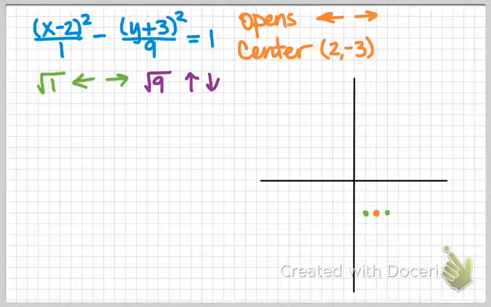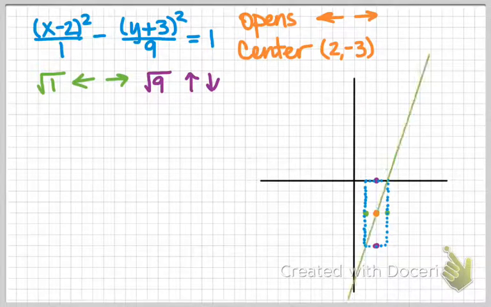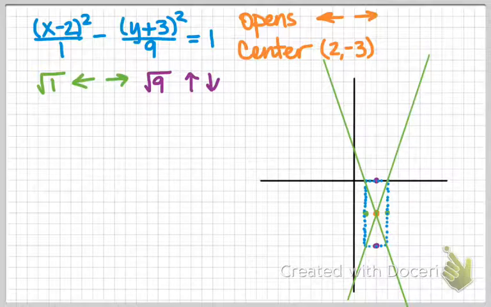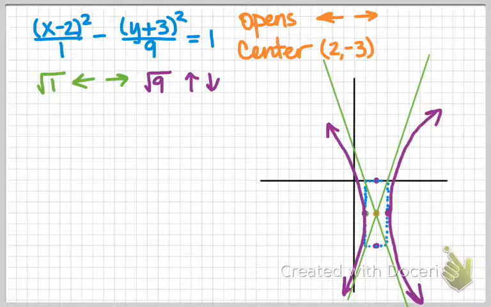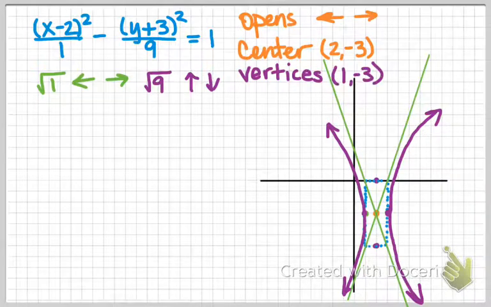The square root of 9 up and down, so 3 spaces up and down. And we're drawing in a rectangle here, and then we will draw in our asymptotes. Since this opens left and right, I'm going to draw in my hyperbolas left and right. The vertices are at 1, -3 and 3, -3.